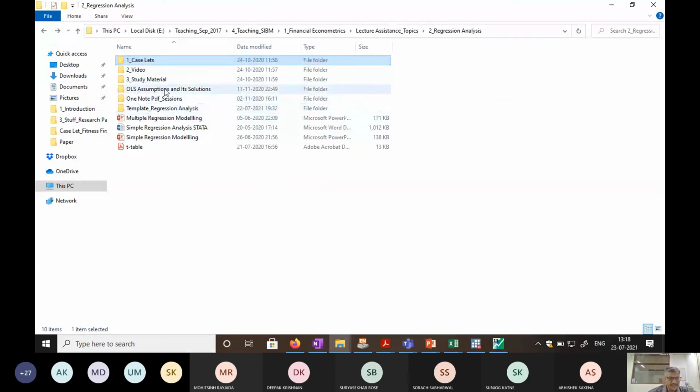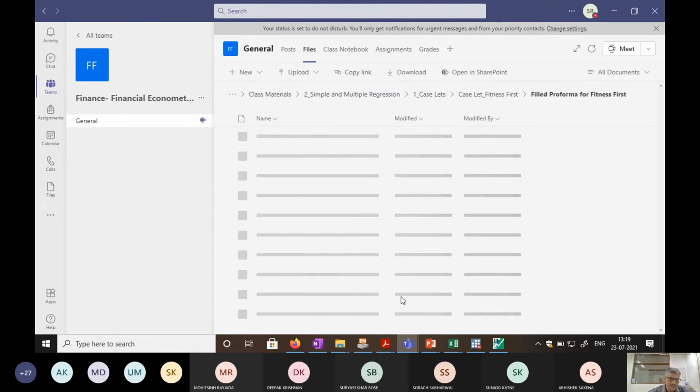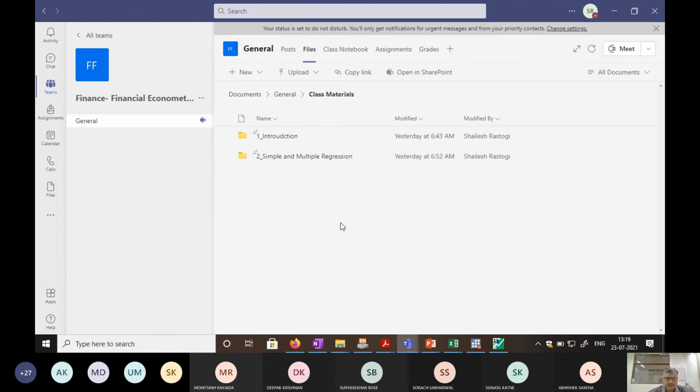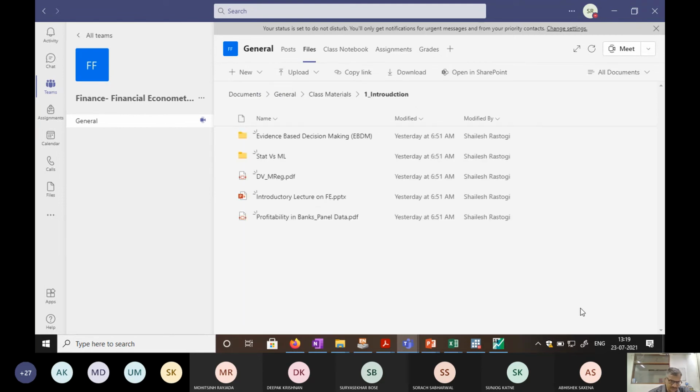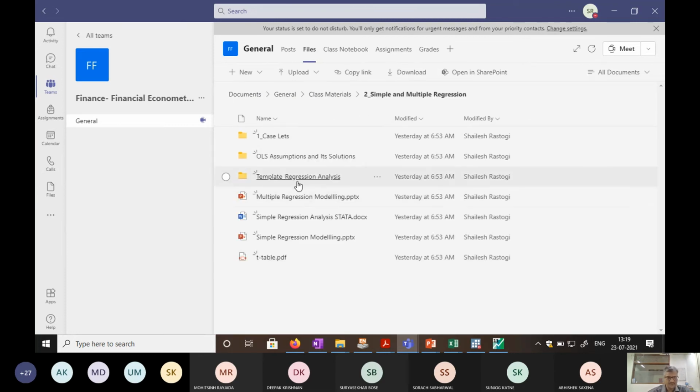I have shared the material with you. Let me show this, the filled pro forma for fitness first. I'll give you blank pro formas also. You have the template for regression analysis.